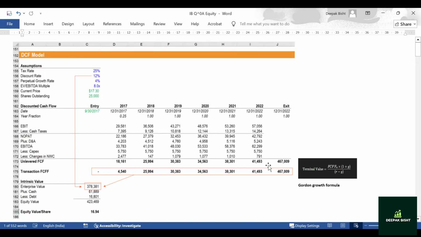We multiply the multiple by the final projected year's numbers. Exit multiples reflect how the market might value the company at the end of the projected period. Selecting comparable companies is important when choosing the appropriate exit multiple.